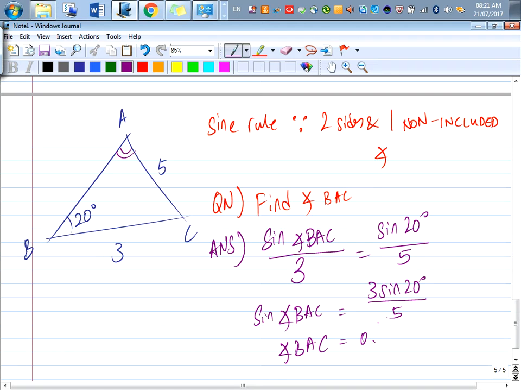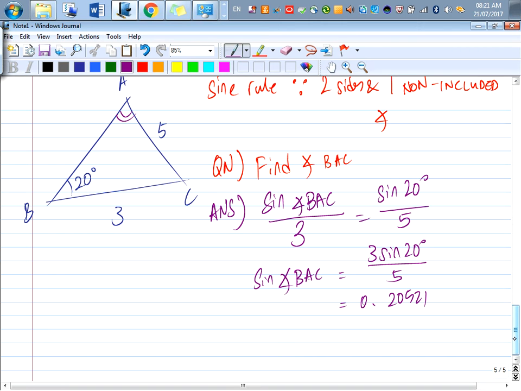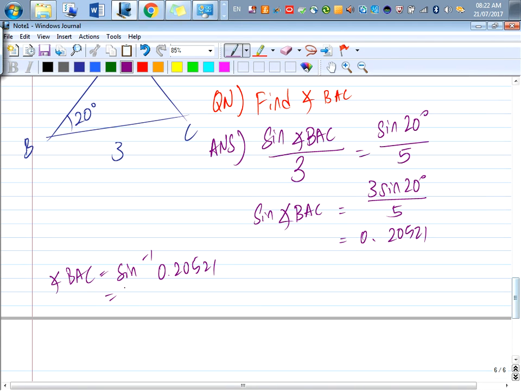I get 0.20521. Okay, what should I do next? That means I find angle BAC already, is it? Okay, angle BAC equals to sine inverse 0.20521. Yes? So I will get 11.841 degrees. Round it off to 11.8 degrees.